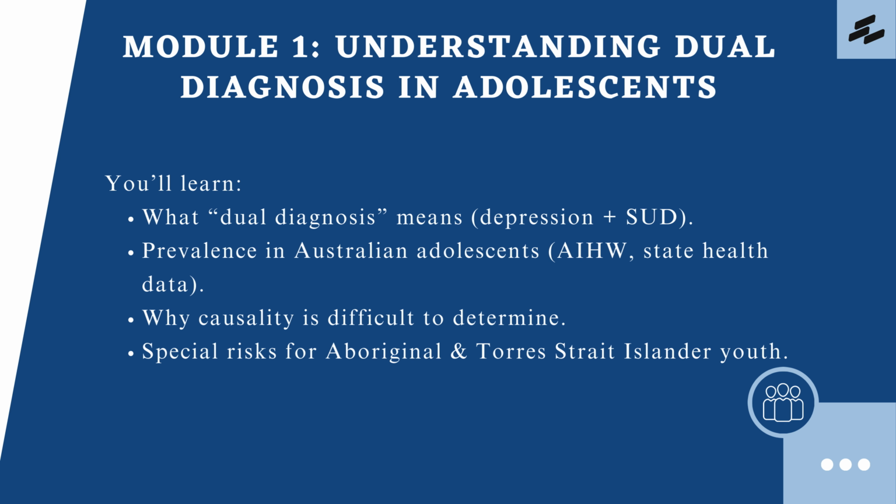You will explore why causality is difficult to determine, considering both self-medication and substance-induced depression. Finally, we will look at special risks facing Aboriginal and Torres Strait Islander youth, including intergenerational trauma and higher exposure to risk factors.